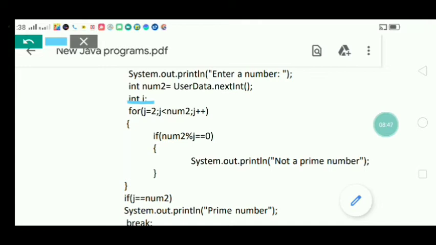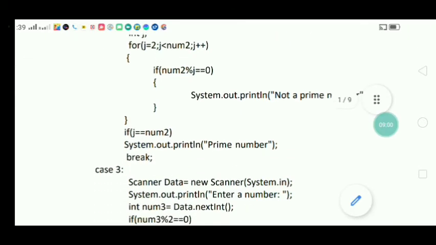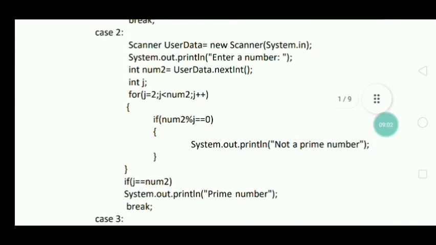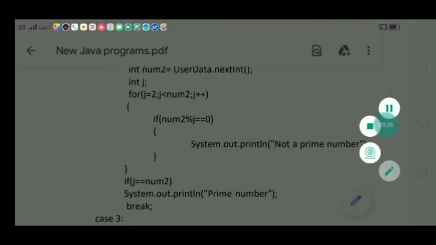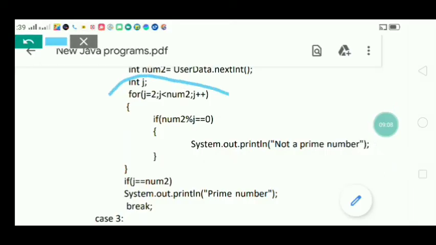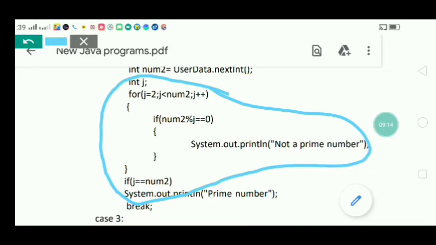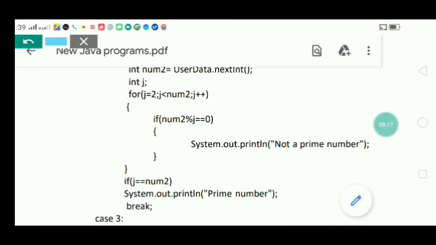Within that for loop, I have taken an if structure to test whether the number is prime or not. So this is the logic to test whether a number is prime or not.